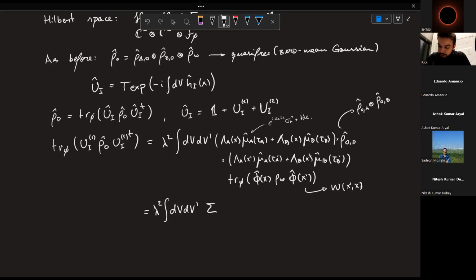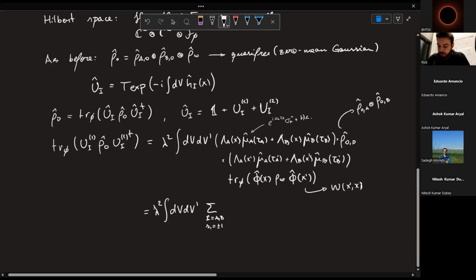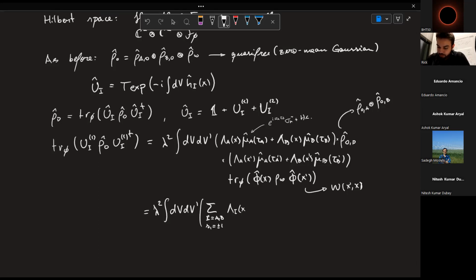Now we're going to rewrite this as a sum over I, where I can be A or B. I'm actually going to use capital I because we're using capital A, capital B. And s1, which can be plus or minus 1. And what I'm going to write here is lambda_I of x, e to the s1 omega_I tau_I, sigma_I^{s1}.